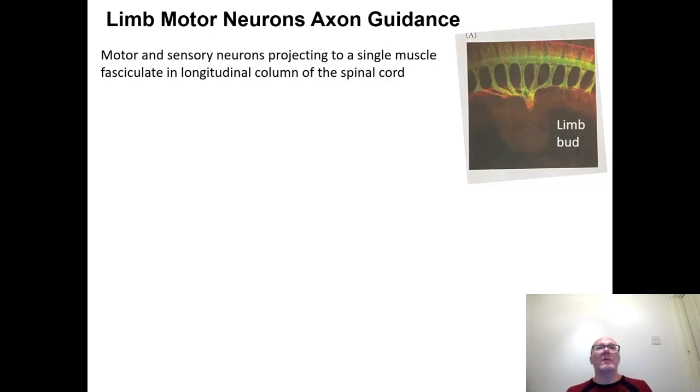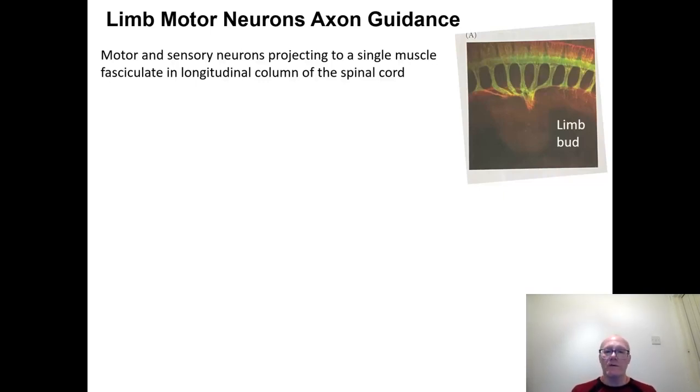One good example of axonal growth relates to the axons that innervate limbs. So both motor neurons and sensory neurons project their axons toward a specific, for example, a specific muscle. They bundle together and they form what is called a fascicle.